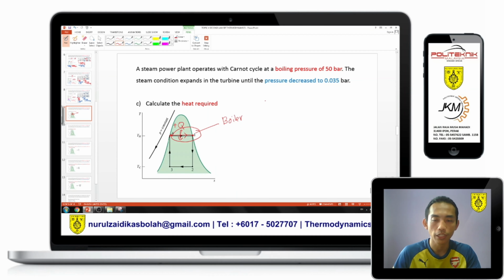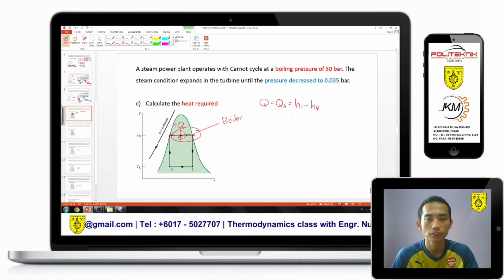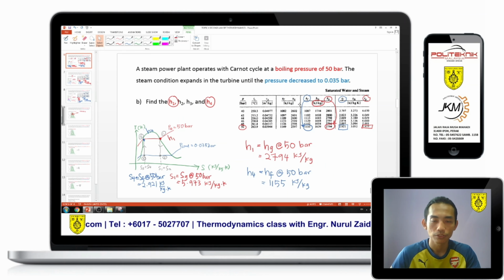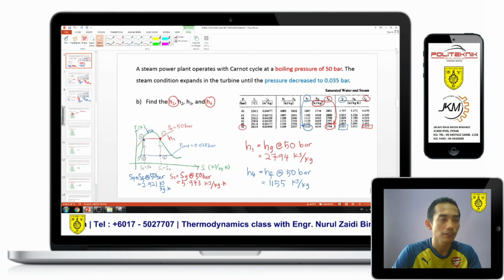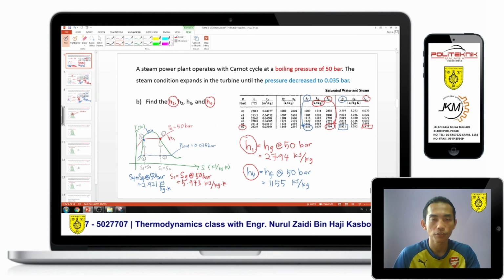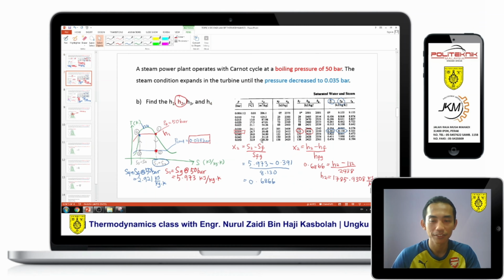To calculate the heat required, Q boiler equals H1 minus H4. This is the value of H1, this is the value of H4. Just subtract these two values and you will find the heat required by the boiler.